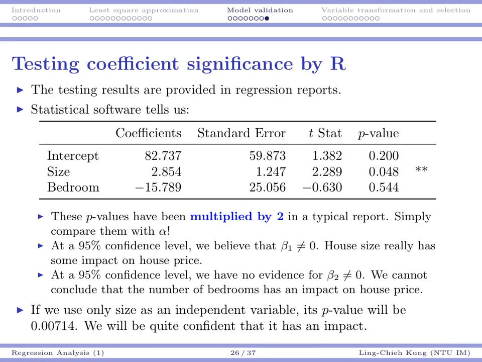On the other hand, at 95% confidence level, we cannot conclude that beta 2 is not 0. So we have no evidence showing that bedrooms has an impact on house price. Okay, that's the idea. So every time you do a regression model, you're going to get a report like this. Then we can check their p-values to see whether this variable is significant or not.